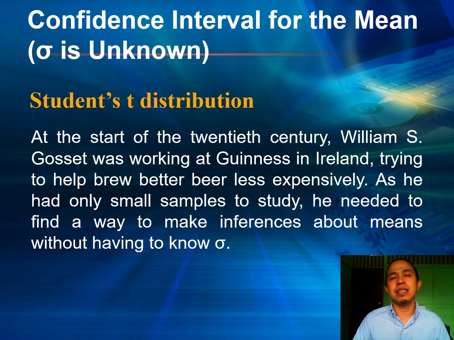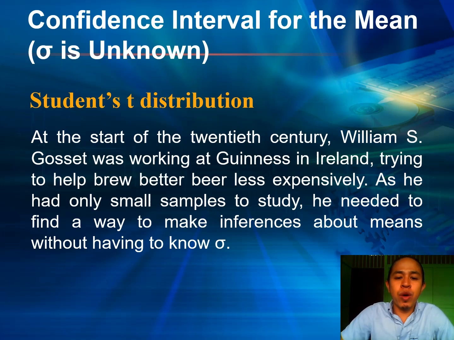In case the population standard deviation is unknown, instead of using the Z table, we will be using the T table. Instead of the standardized normal distribution, we are going to use the Student's T distribution.